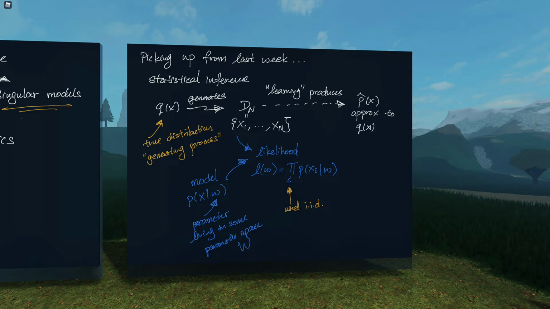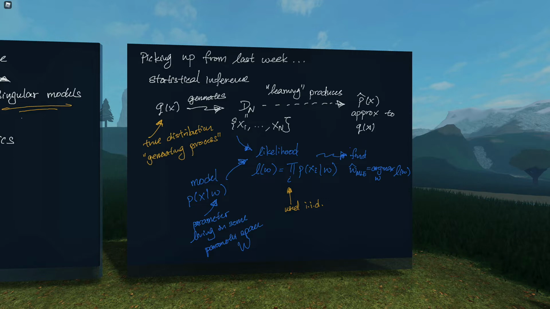So the learning process with this model would be something akin to finding the maximum likelihood estimate, which is just the argmax: the parameter W that maximizes the likelihood function.